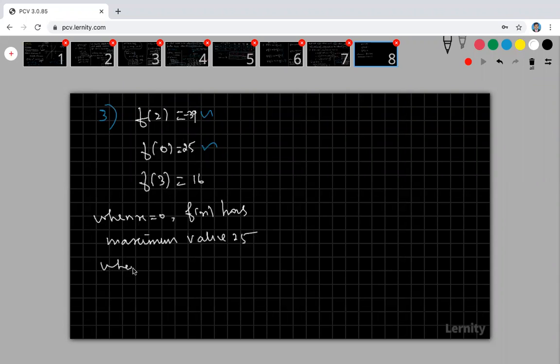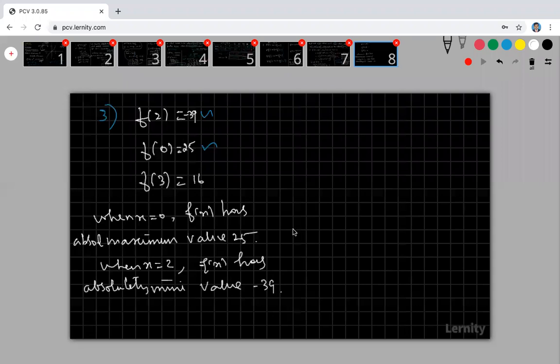And when x is equal to 2, f of x has minimum value, absolutely minimum, that is minus 39. Are you okay? Students, are you okay? Absolutely maximum and absolutely minimum.